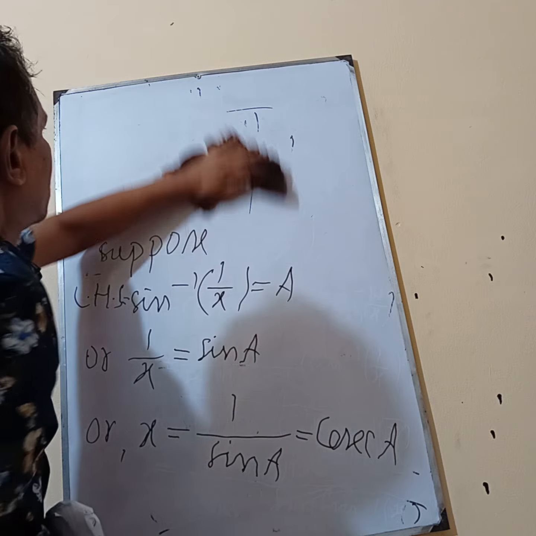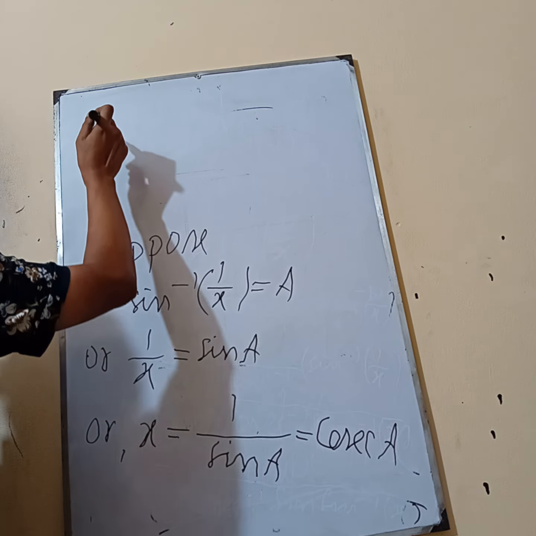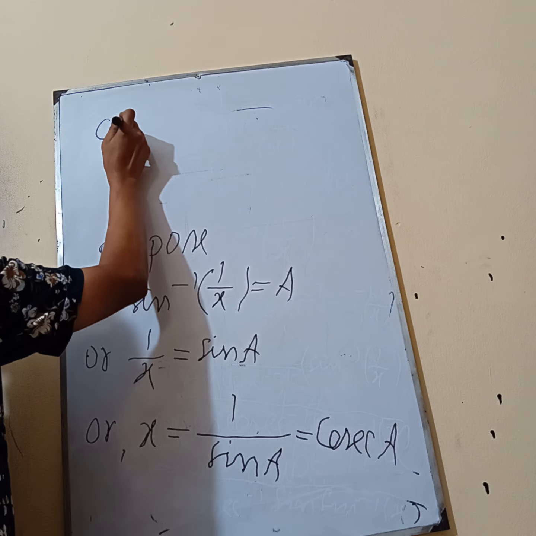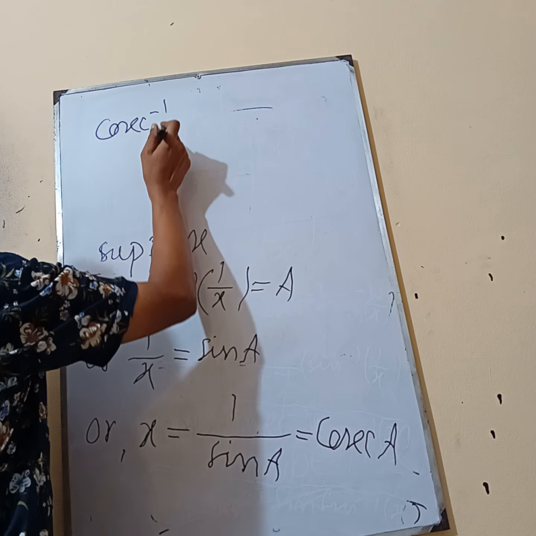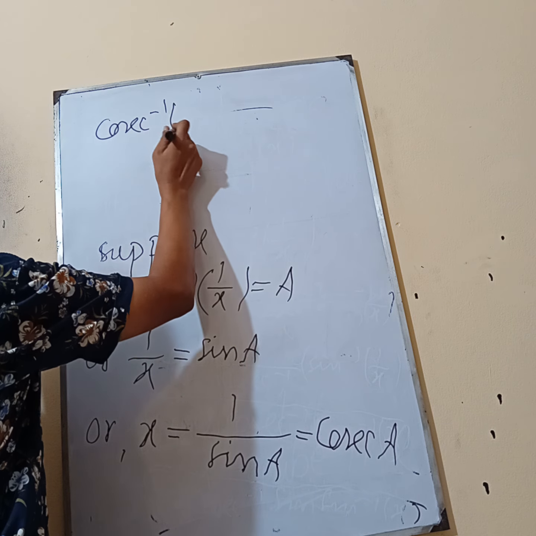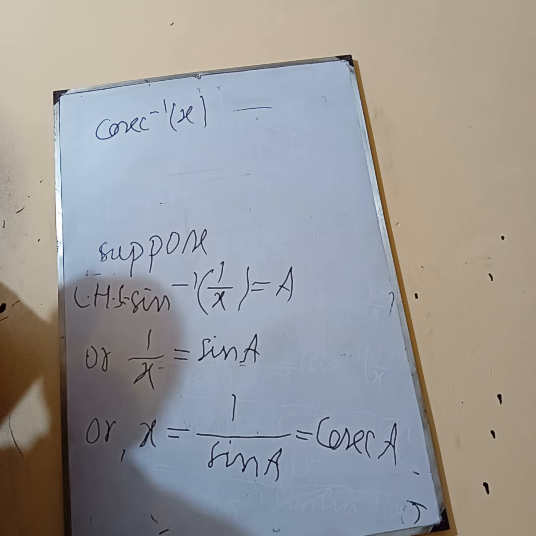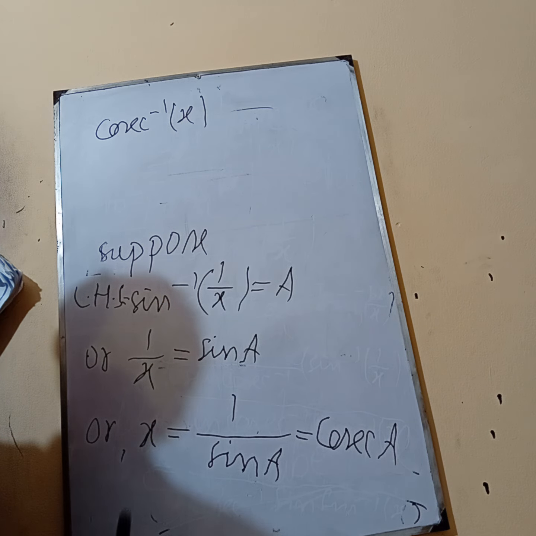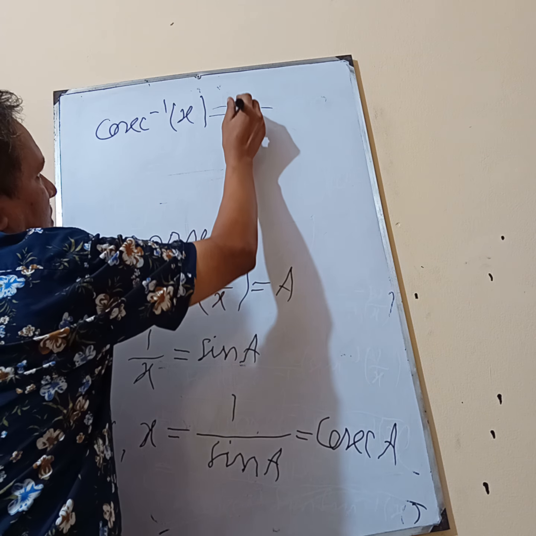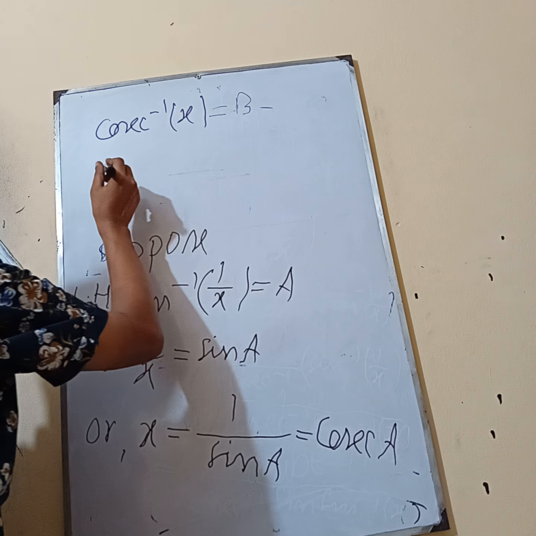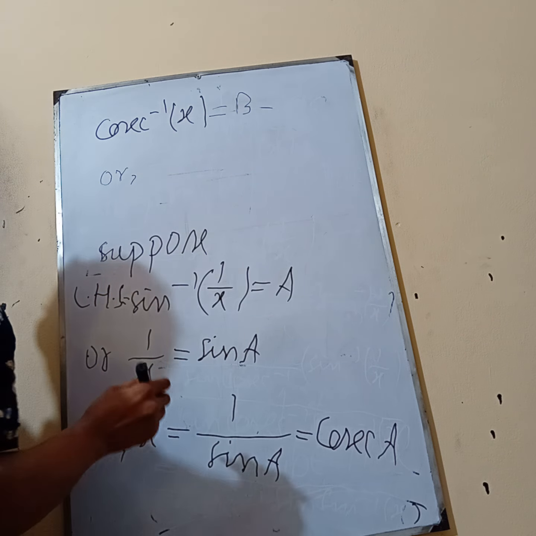Now the right side: cosec inverse x is equal to, suppose, b. So x is equal to cosec b.